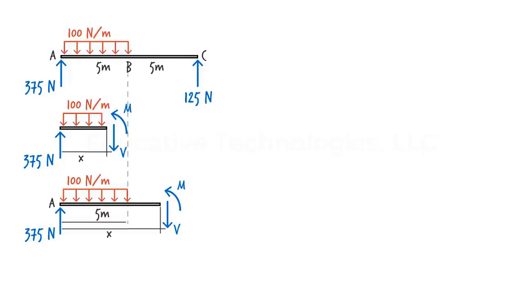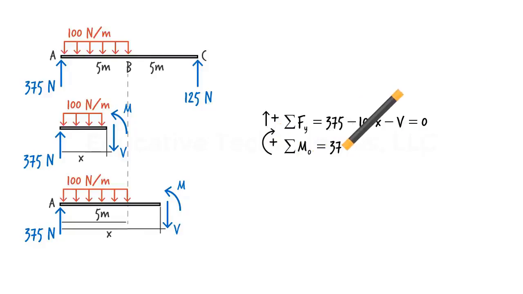Step 4. Write the equilibrium equations for each free body diagram and solve them for the unknowns. For the first free body diagram, for the sum of the forces in the y direction, we have 375 minus 100x minus V equals 0. For the sum of the moments about the cut point, 375 times x minus 100 times x times x over 2 minus M equals 0.